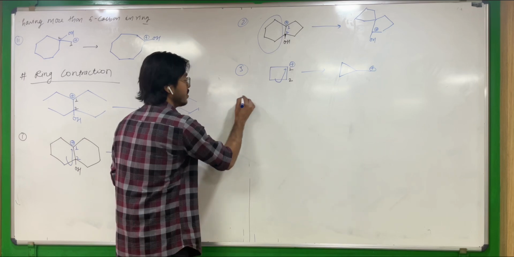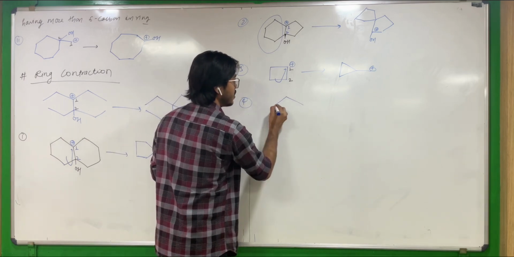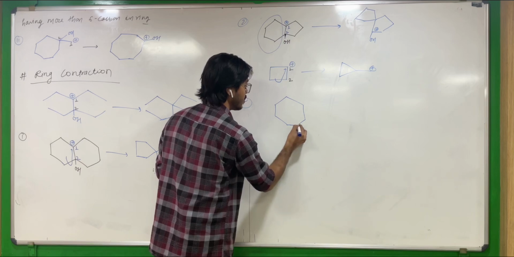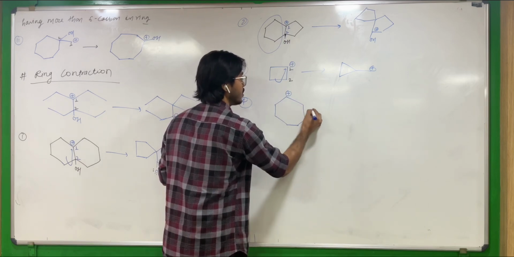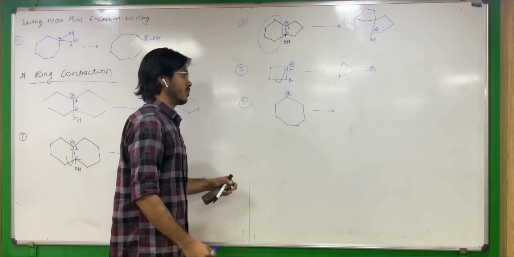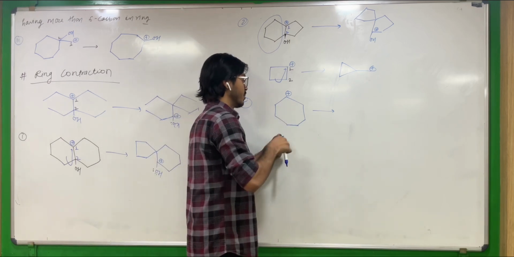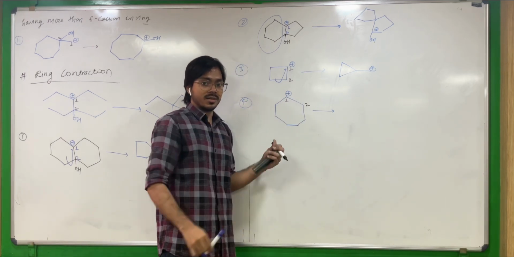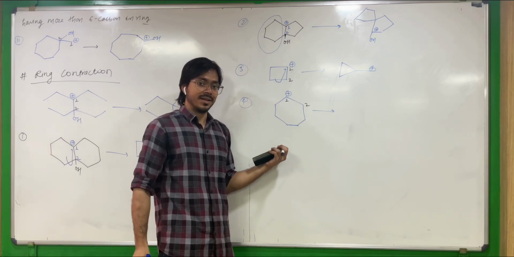Now fourth example. Now you know that this is carbon number 1 and this is carbon number 2. We know that a 7-member ring is less stable than a 6-member ring.